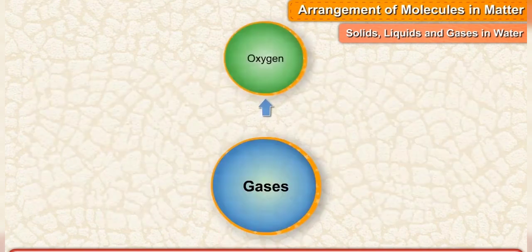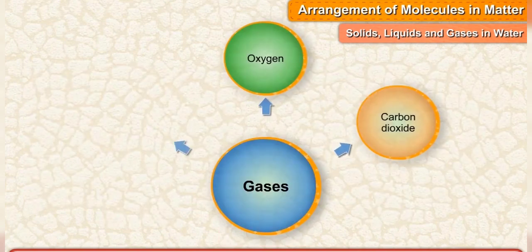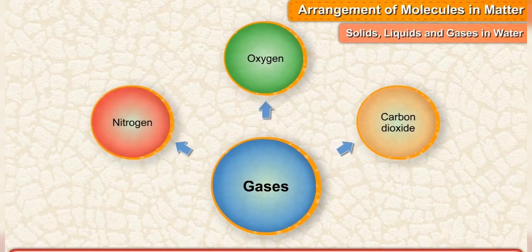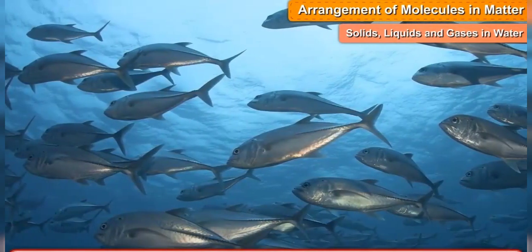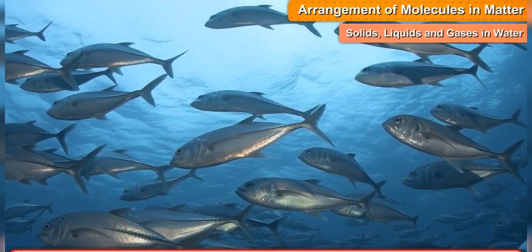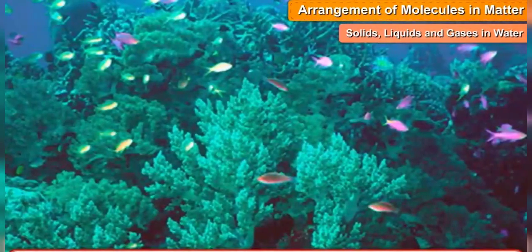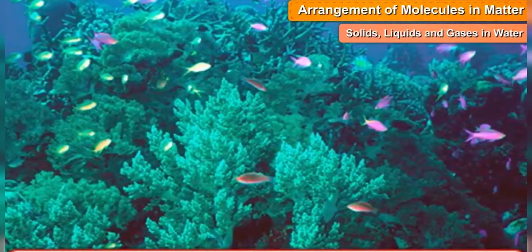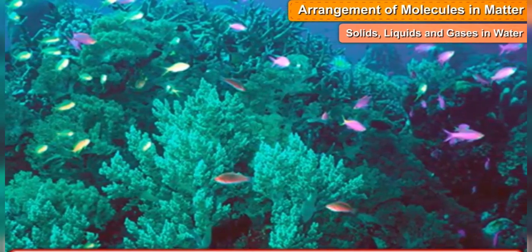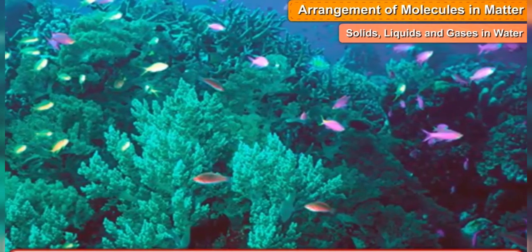Some gases like oxygen, carbon dioxide, and nitrogen can dissolve in water. Aquatic animals breathe in oxygen dissolved in water. Aquatic plants take in carbon dioxide dissolved in water to make food.